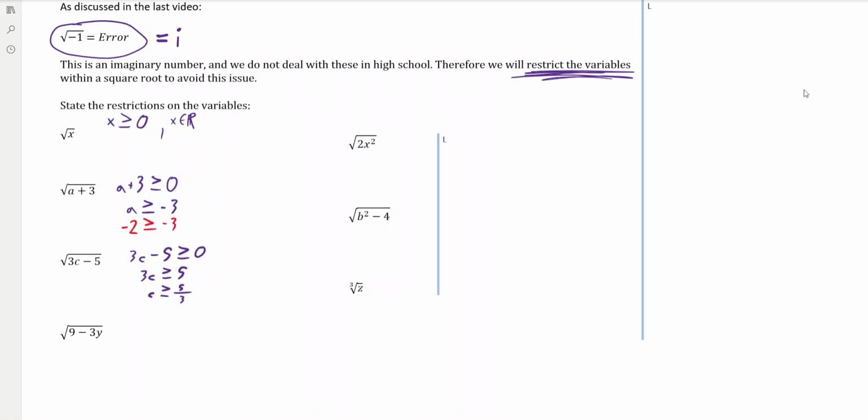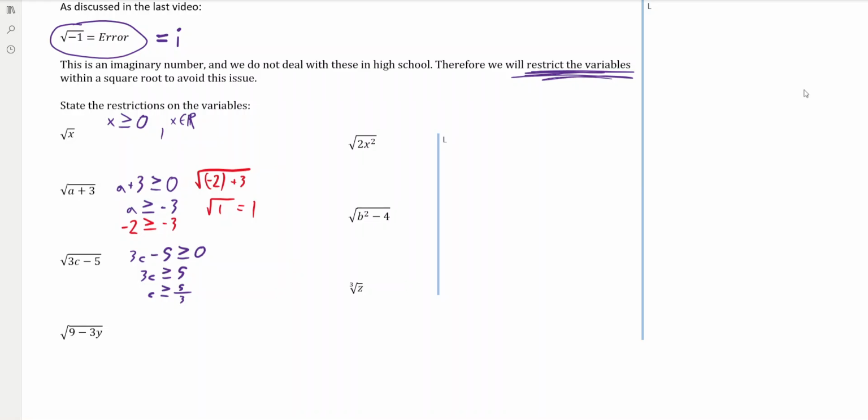So what we're going to do is take the -2 and put it instead of a to test or verify our solution. So what you're going to see here is that -2 plus 3 gives us 1, and so that gives us a positive inside, which lets us solve this. So you can see that it's verified here, and you can do that for all of these.